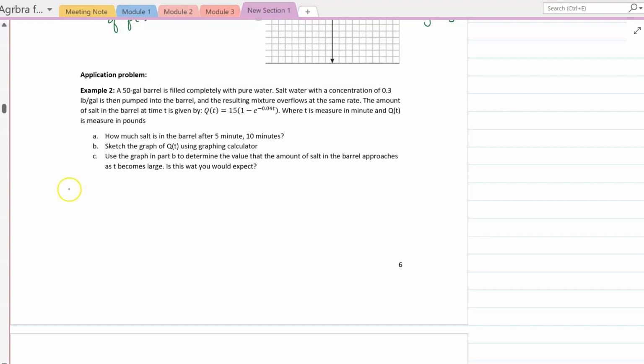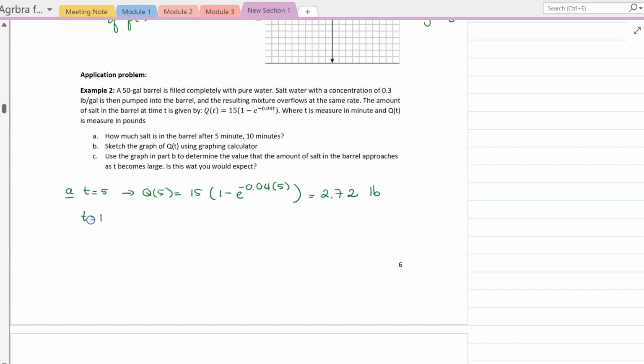So part A, for t = 5 minutes, Q(5) = 15(1 - e^(-0.04·5)). This gives us 2.72 pounds.